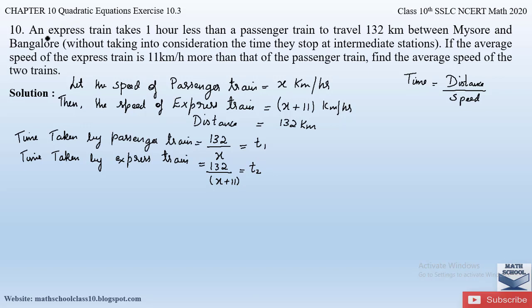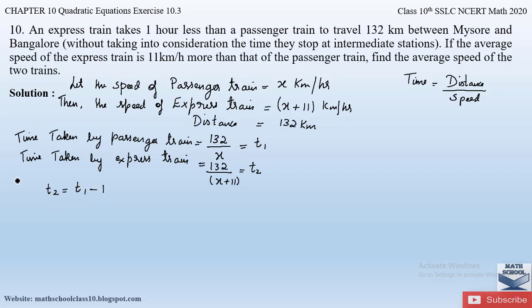What is given in the question? The express train takes 1 hour less than the passenger train to travel 132 kilometers. So the time taken by the express train, t2, will be 1 hour less compared to the passenger train, t1. So t2 equals t1 minus 1.